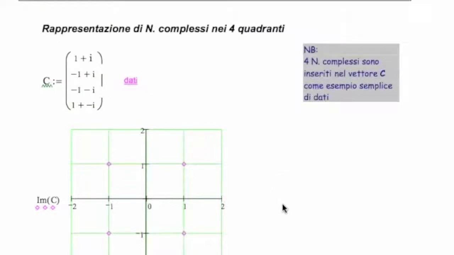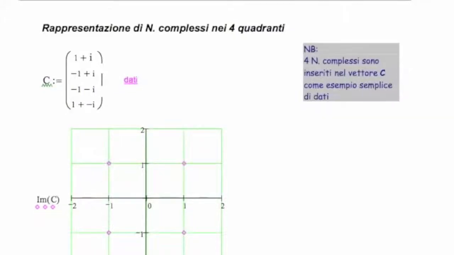In fact, let us consider four different complex numbers, which are quite easy, and they are all located on the bisectors of the sectors: +1 plus i, -1 plus i, -1 minus i, +1 minus i. They are located here in those dots.